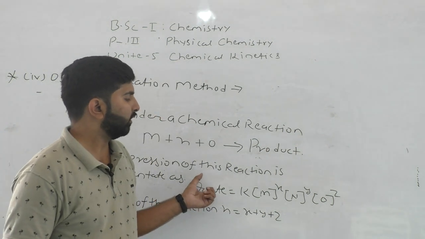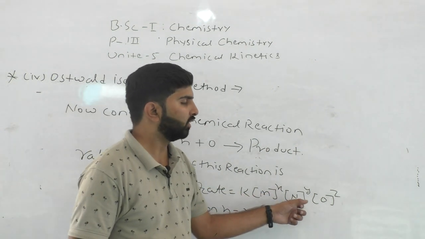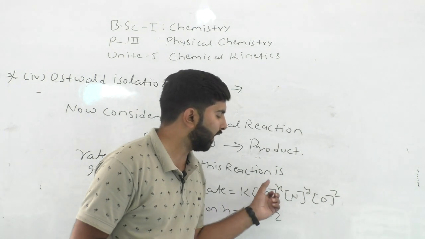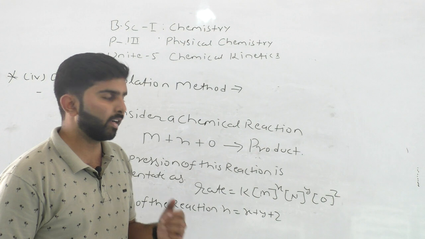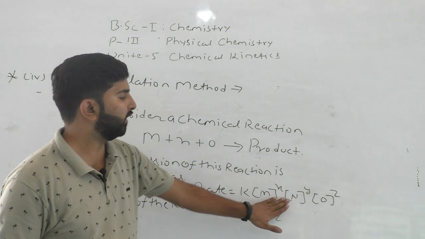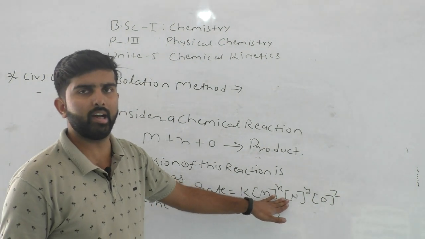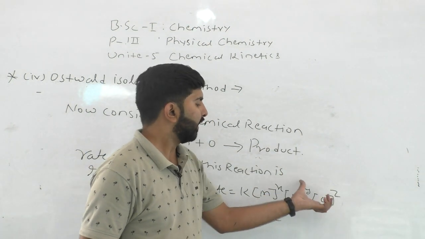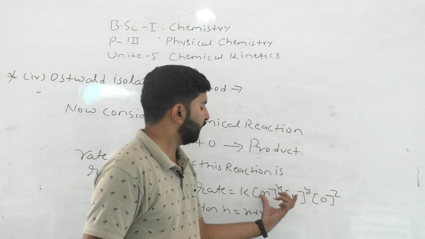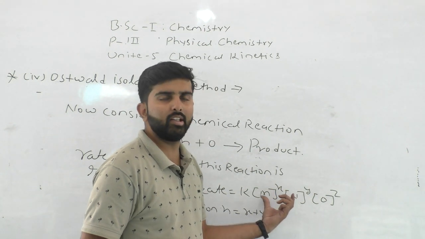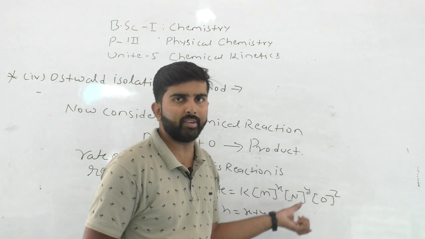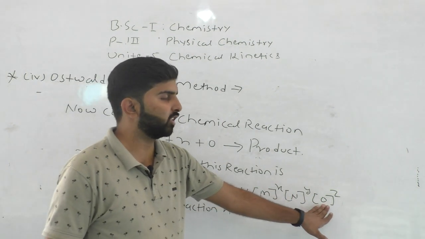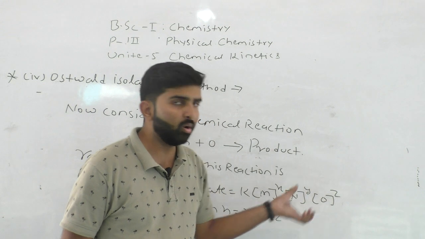So the rate of reaction only depends on the concentration of N and not on the concentration of M and O. Again we determine the order by the graphical method, half-life method or hit and trial method, which comes out equal to y. Last we take M and N in excess amount and O in a finite amount. So the rate of the reaction only depends on the concentration of O.